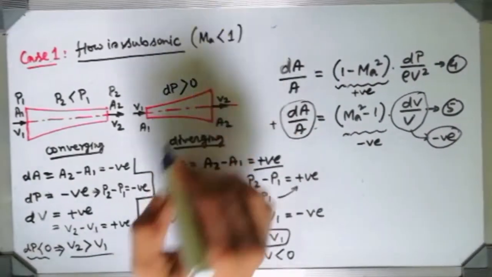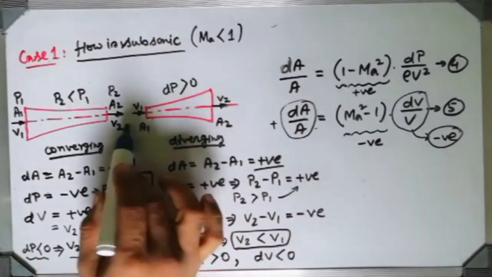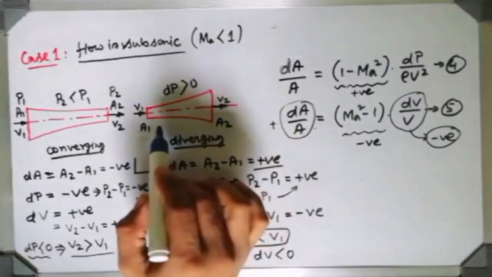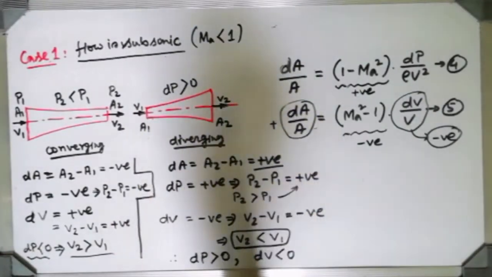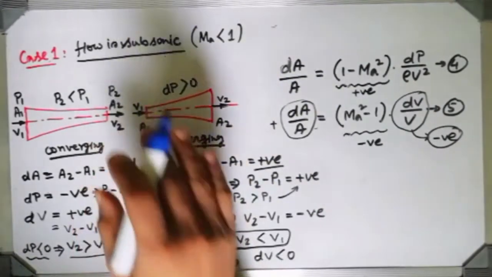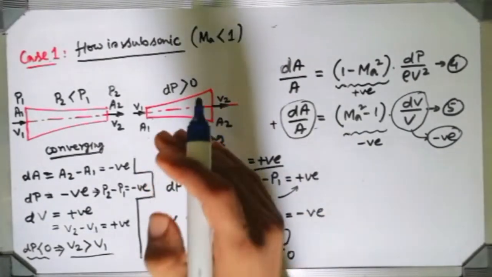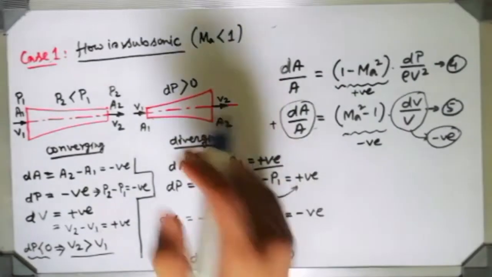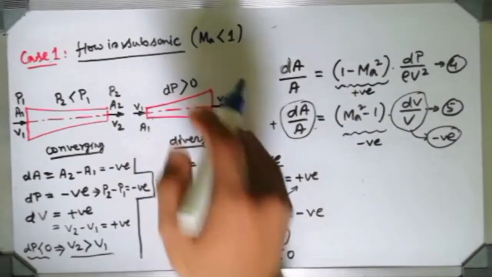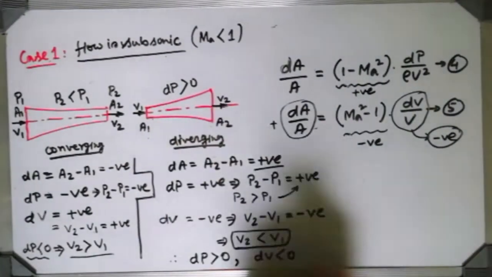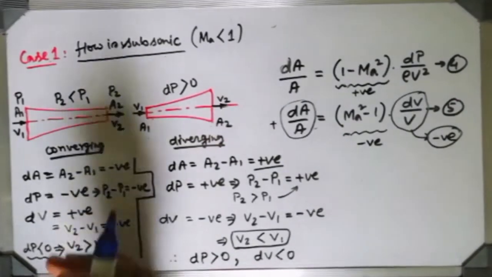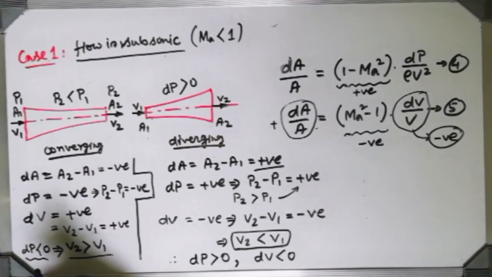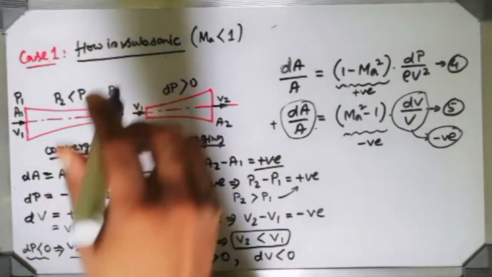So from inlet to outlet, while the fluid is traveling with a subsonic velocity, the velocity gets dropped at the expense of pressure gain. It is actually not a pressure drop, it is a pressure gain. With the increase of pressure, the velocity is getting dropped, and in the converging part, with the drop of pressure, the velocity is increased, and both of these things occur while the flow is subsonic.